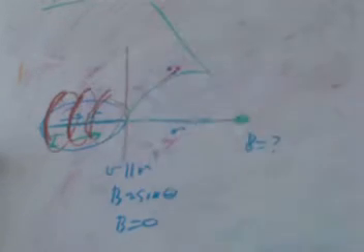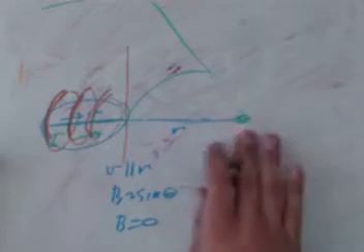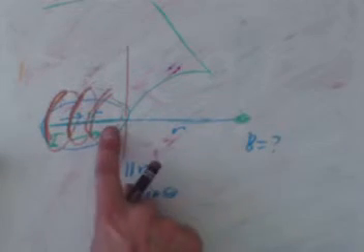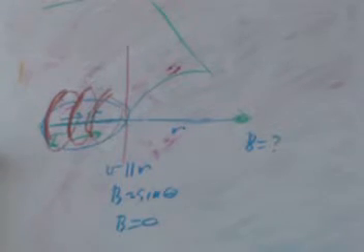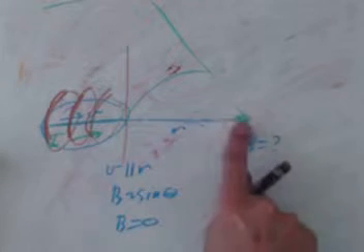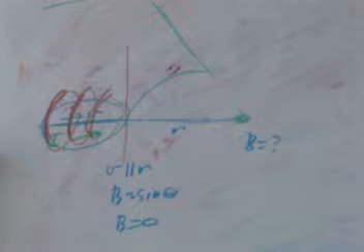But the wire ends abruptly there, so there is no contribution of this wire at this point. So you either get it from geometrical considerations of the Biot-Savart law, that the point of interest is parallel to the current right there, and so the sine of 0 is 0, or from the fact that the wire ends right there so it can't contribute any magnetic field. Now in reality there might be some fringing field coming off the edge of the wire that might contribute a little bit, but it won't be very much. We'll ignore it for this problem.